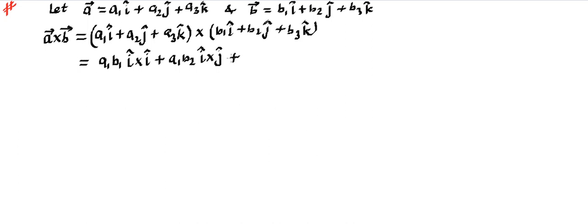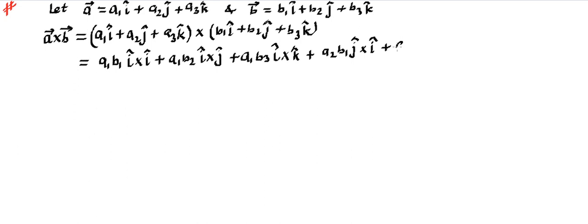And then this A1 I cap will be multiplied in a cross fashion with B3 k cap, yielding A1 B3 I cap cross k cap. This is how the first term has been expanded, and similarly we can go further with A2 j cap multiplication, which will lead to A2 B1 j cap cross I cap.